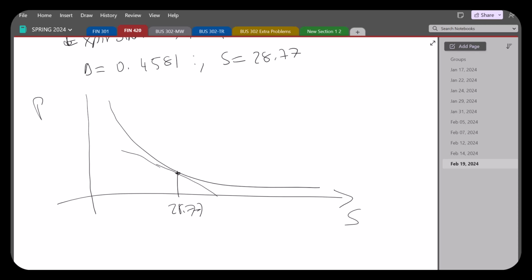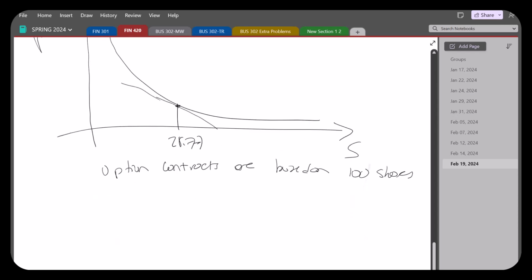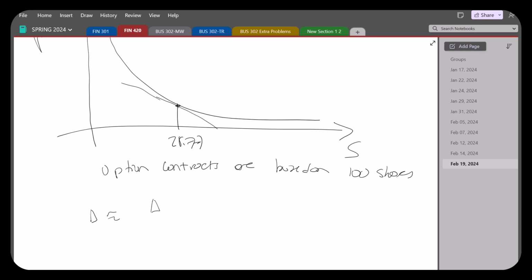I'm going to actually think of it as, remember, option contracts are based on 100 shares. Delta basically means the following: change in the price of the option or the position in general.